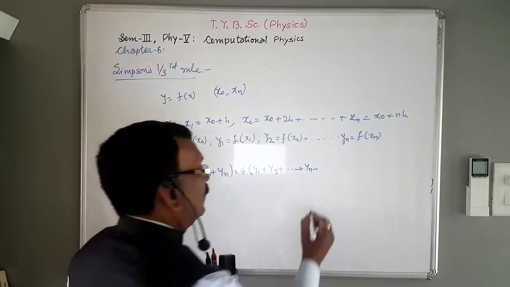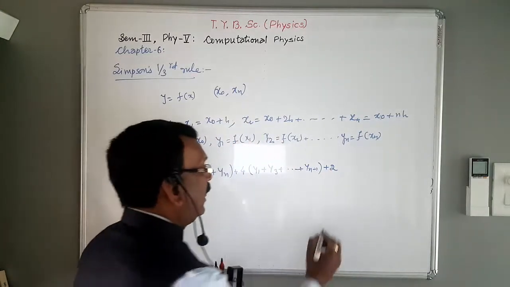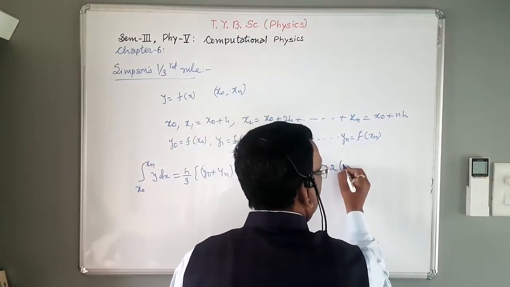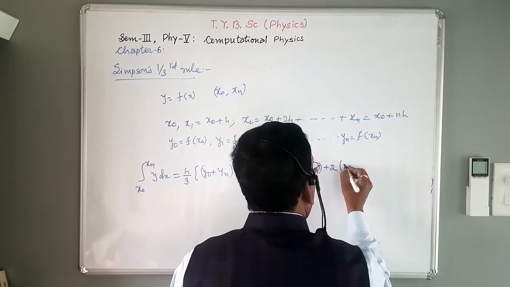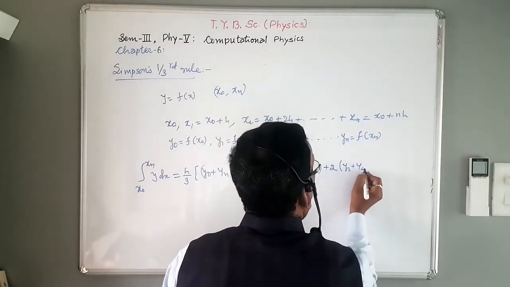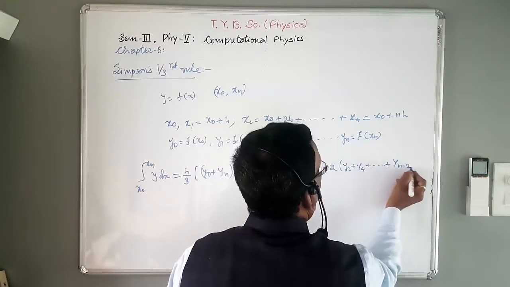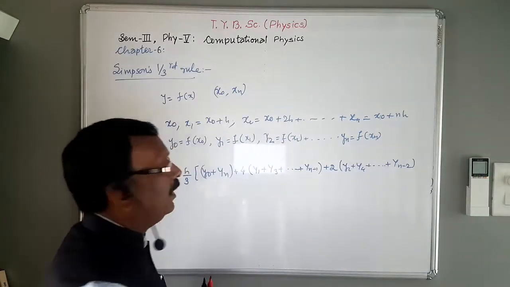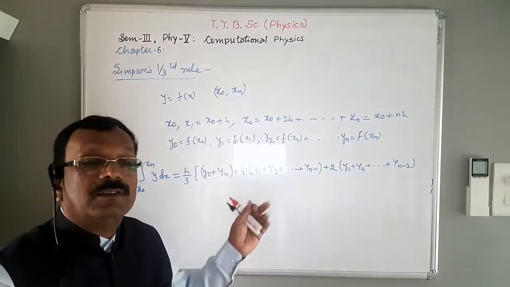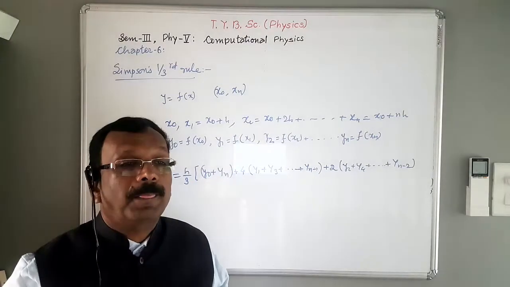Then plus 2 times the bracket of all even terms, y2, y4, up to yn minus 2. This formula is known as Simpson's 1/3 rule.